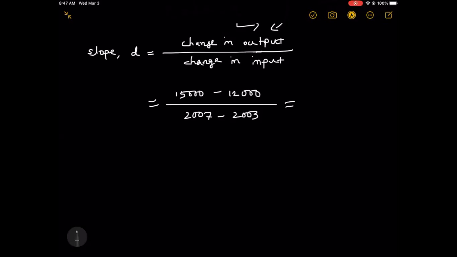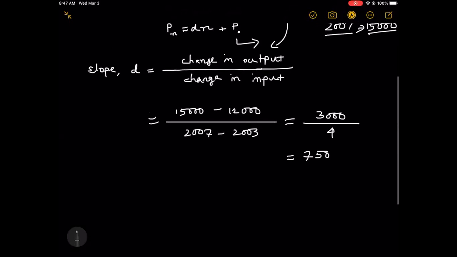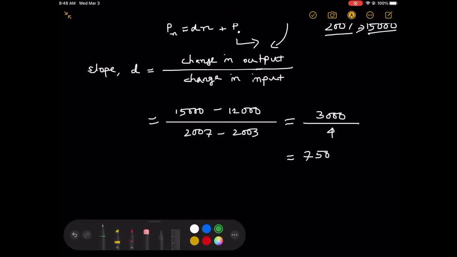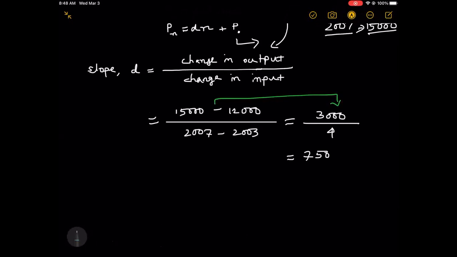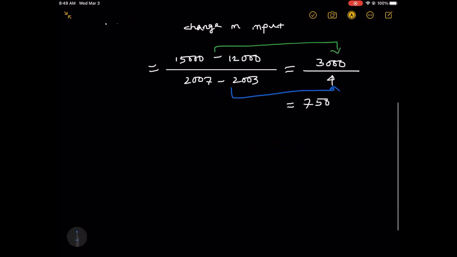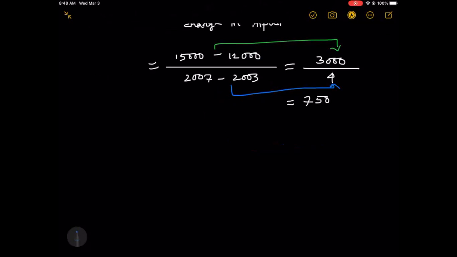And this would be 3,000 over 4, which is equivalent to 750. There is no hardcore calculation here, to be honest. You can eyeball the outputs. If you simply divide it, you'll get 750. So this is our d.